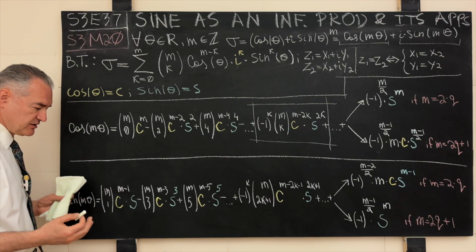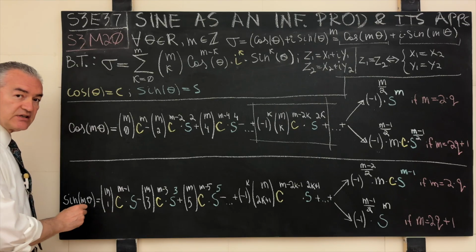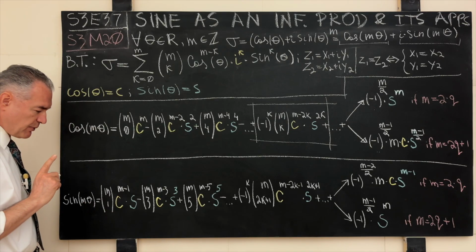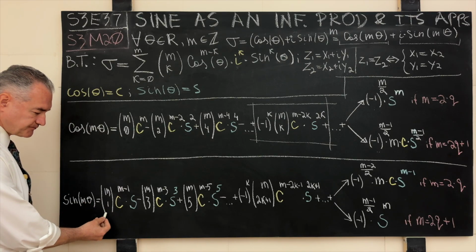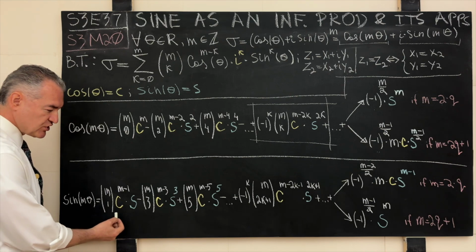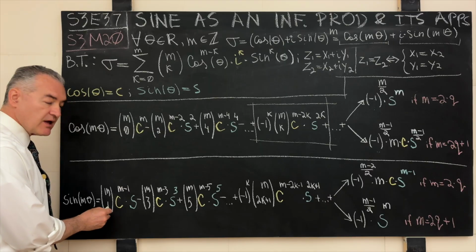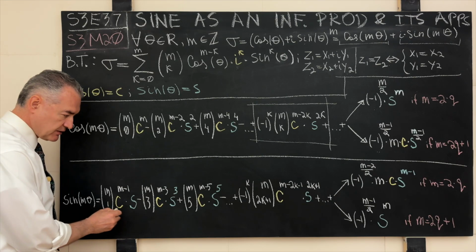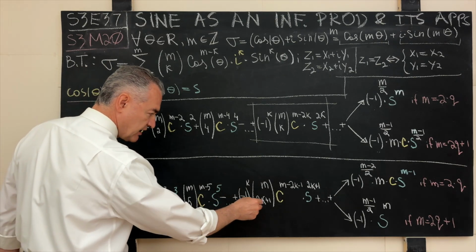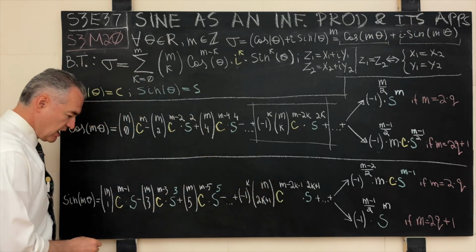Essentially, the structure again is the same, but remember, with sine, it's the show of odd powers or odd numbers. So all the binomial coefficients in the expansion of sine will be m choose an odd integer: 1, 3, 5, 7, 9, 11, 13, and so on.